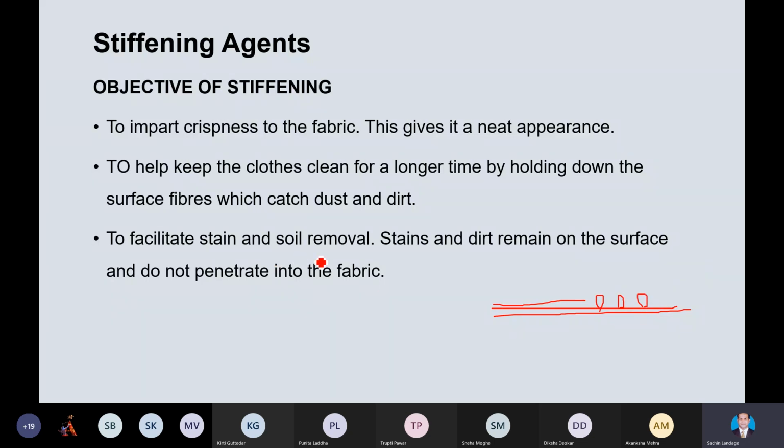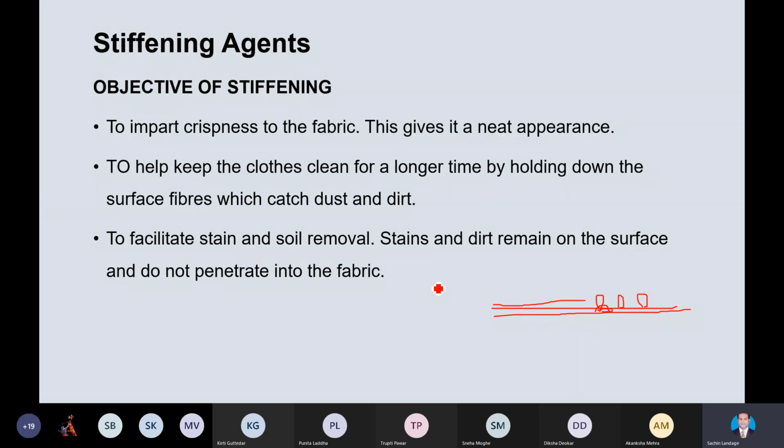So whatever the dirt, dust, soil, or oily stains are there, they will remain as they are. Later, when you carry out the washing, the stiffening agent swells. We know that majority of starches, when they come in contact with water, cause swelling. Because of this swelling, the soil gets easily removed during our subsequent washing.